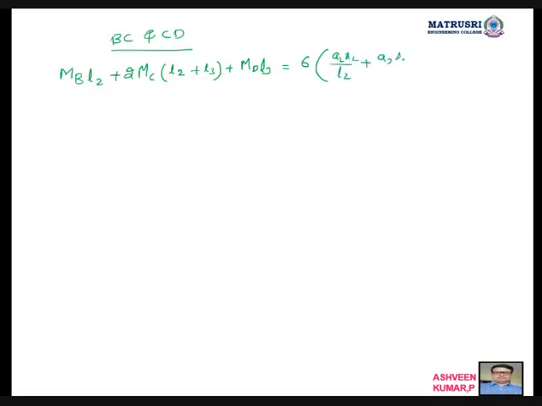I'll come to BC and CD. For BC and CD, you can write the equation: MB L2 plus 2MC (L2 plus L3) plus MD L3 is equal to 6 A2X2 by L2 plus A3X3 by L3 plus 6EI delta 2 by L2, delta 3 by L3.